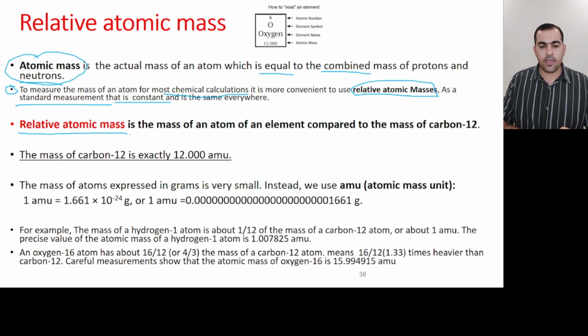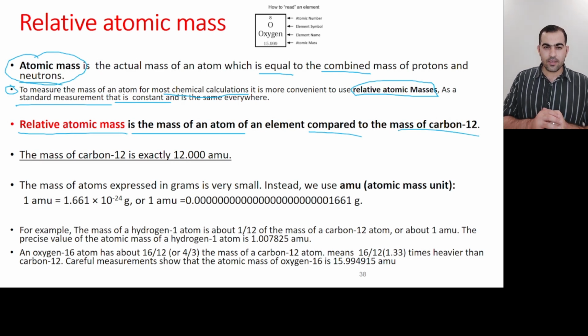Relative atomic mass is the mass of an atom of an element compared to the mass of carbon-12. Scientists have measured carbon-12's mass. Carbon-12 is an isotope with 6 protons and 6 neutrons.